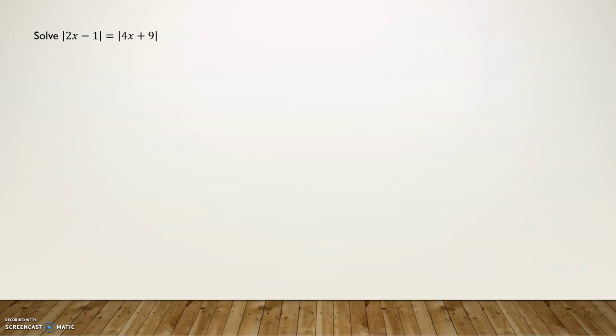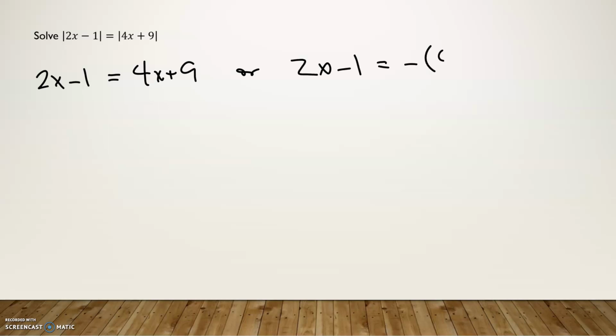And then let's look at when you run into 2 of these on both sides. Now what you would do is go ahead and set it up as 1 positive or 1 negative, and then solve for both of them.